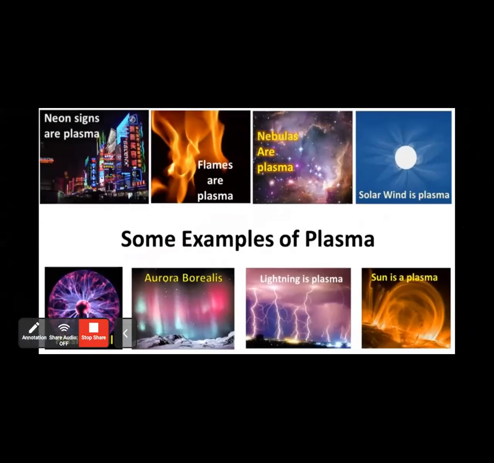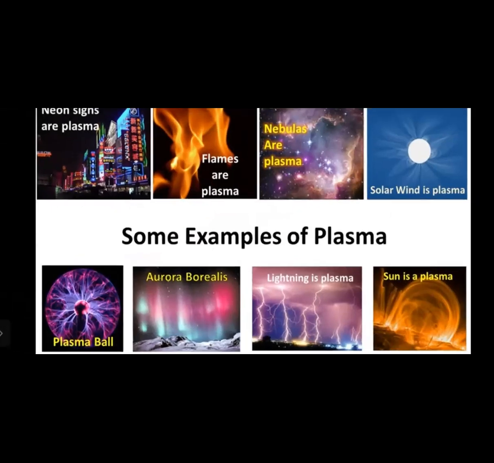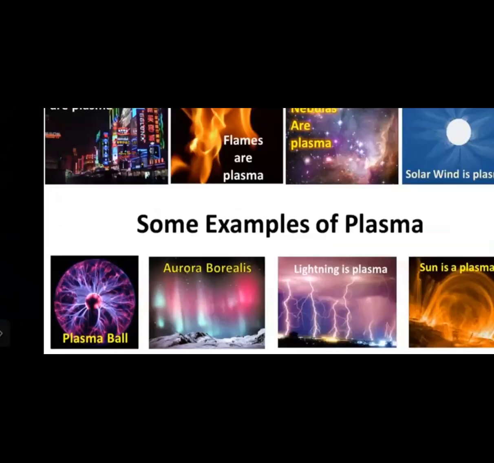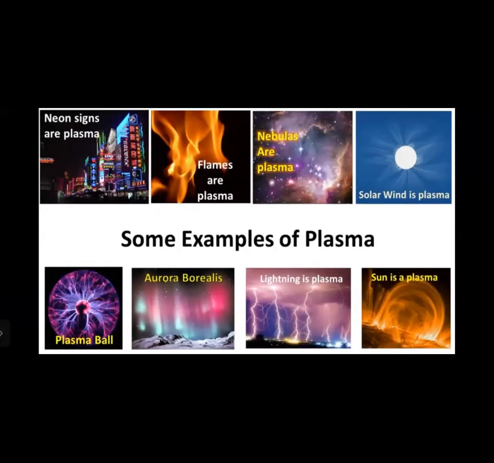These are the four different types of plasma that we have in space and in our universe. Lightning is plasma. The aurora borealis is plasma. The fancy little ball of plasma, and it creates little arcs on the inside of it. And our sun is plasma. Neon signs, flames are a form of plasma. Nebulas in space, and solar wind. They're all forms of plasma.